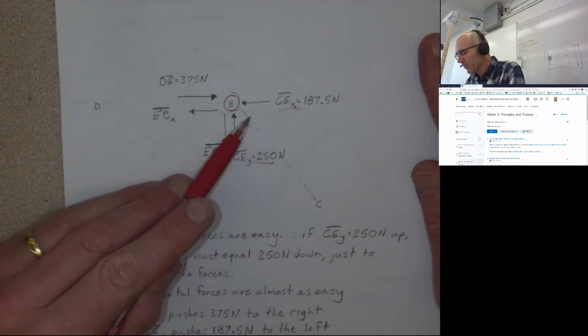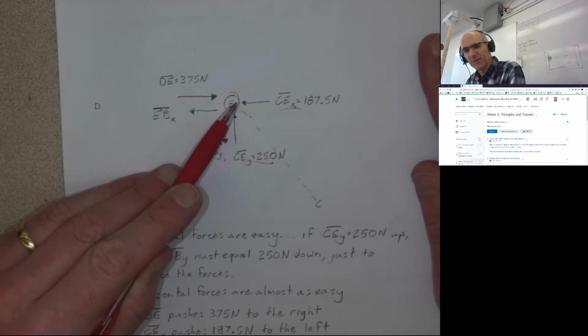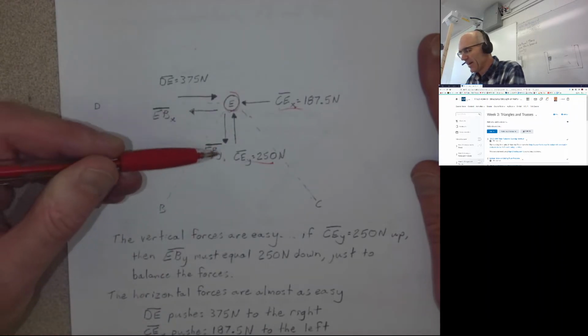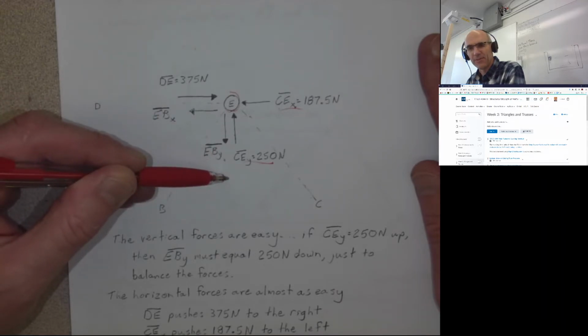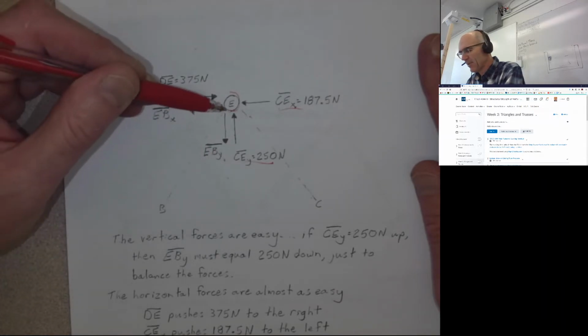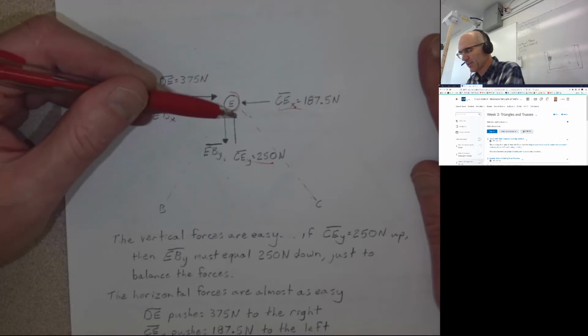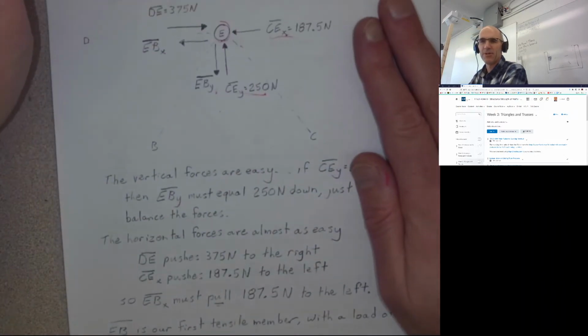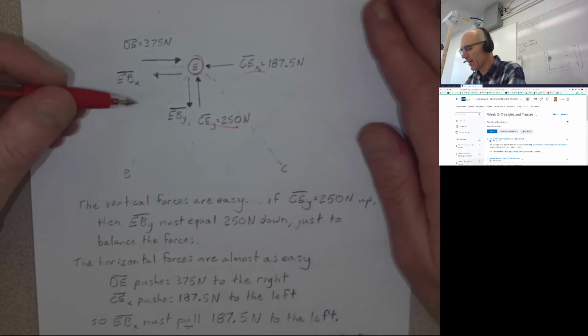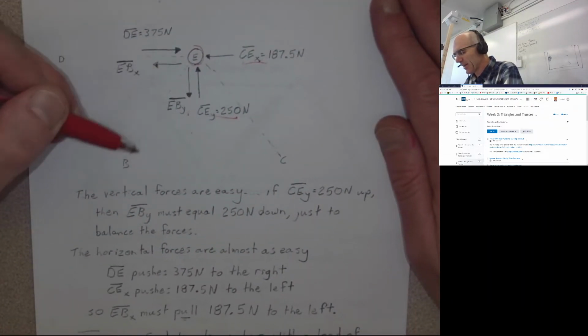So if this one's pushing up with 250 newtons on this node, then this one has to be pulling down with 250 newtons on that node. Okay, because if this one's not pulling down and this one's just pushing up, this is just going to start accelerating off the page, which may be where you wish it would go right now. Okay, so this is coming down right in here.